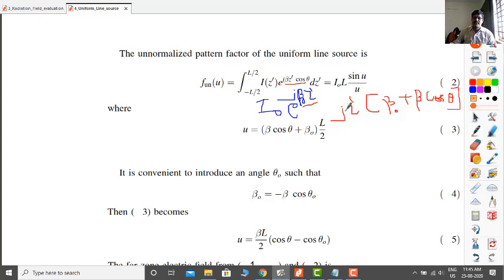So this will be e raised to j z prime of beta 0 plus beta cos theta.